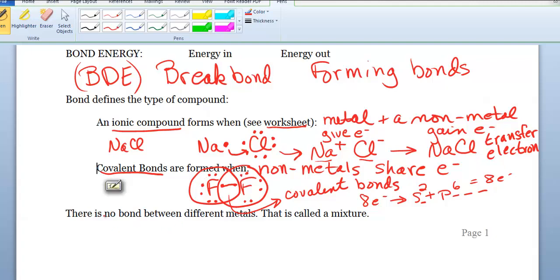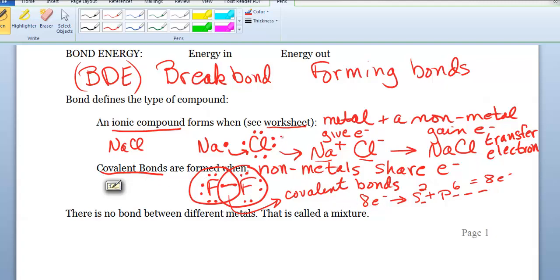So just as a reminder, for ionic compounds, transfer of electrons creates ions, and those ions give us a formula for an ionic compound. Covalent bonds are formed when 2 or more nonmetals share electrons, and 8 electrons seems to be a magic number.